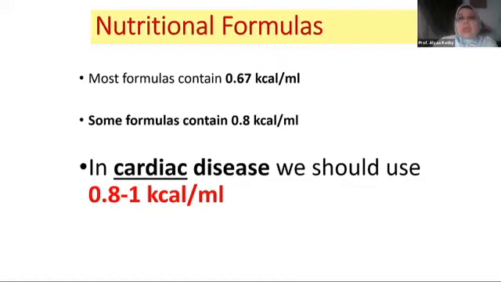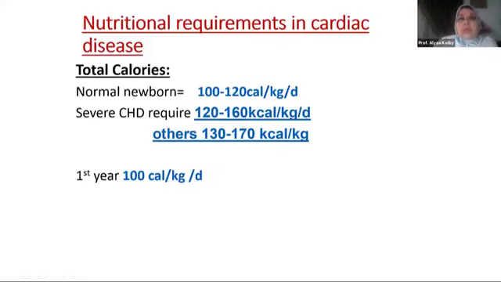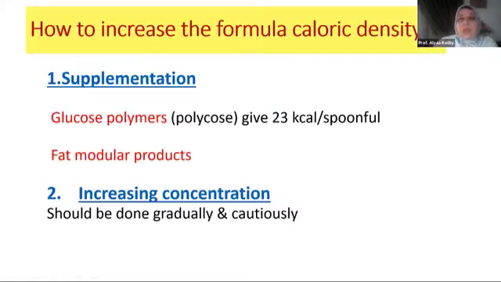The standard formula has 0.67 kilocalories per millilitre, but we prefer for cardiac patients to give more calories if we're going to use an external formula and the patient is in need of it. Because sometimes babies with severe congenital heart disease might require up to 120 to 160 kilocalories per kilogram per day.